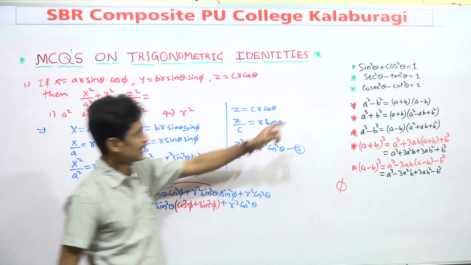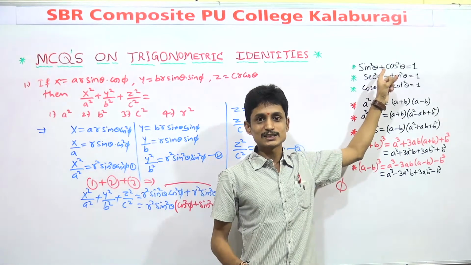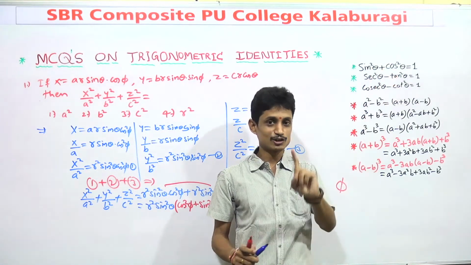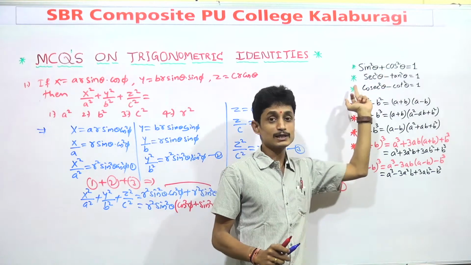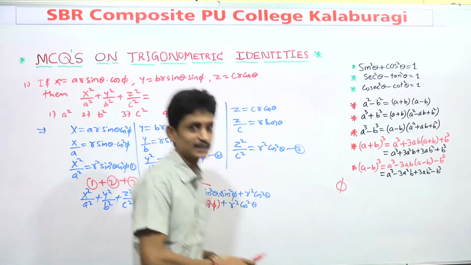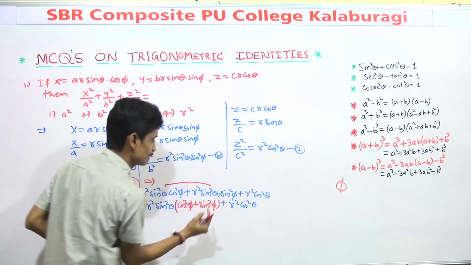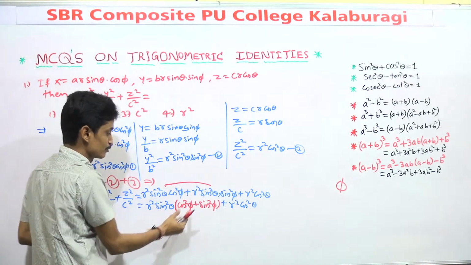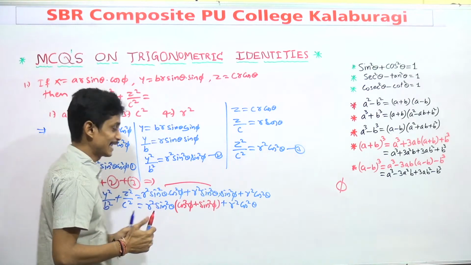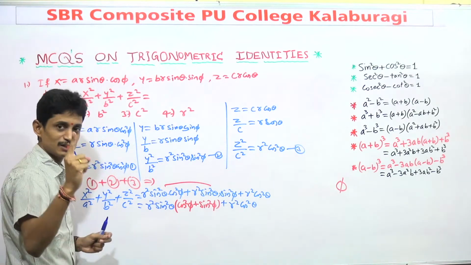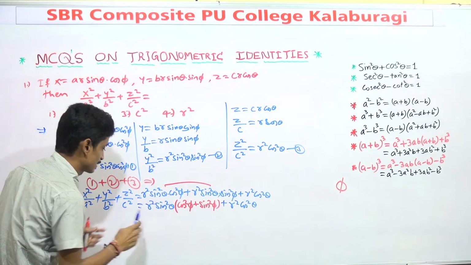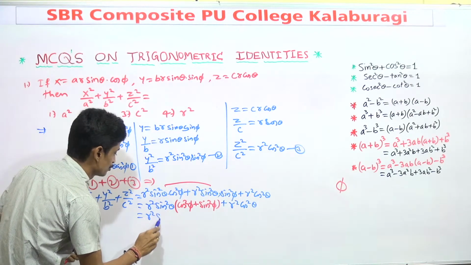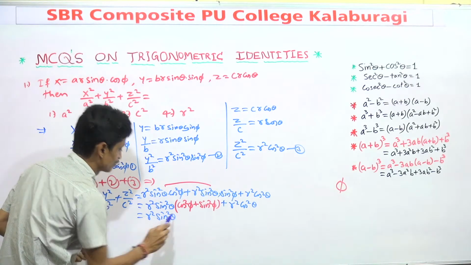We know the identity, sin square theta plus cos square theta equal to 1, or cos square theta plus sin square theta equal to 1. In the case of theta, basically we have phi. So this is also similar to that identity, and this value is 1. I will write the remaining part r square into sin square theta.